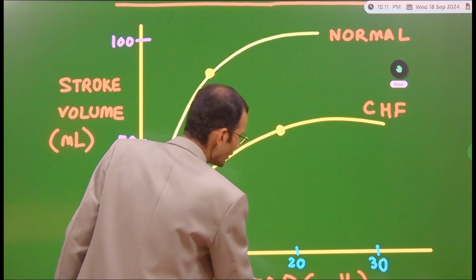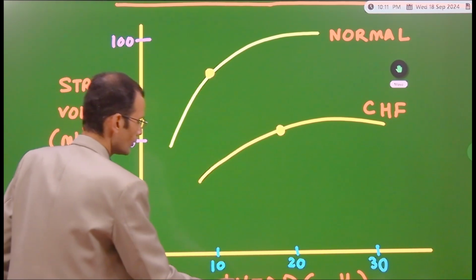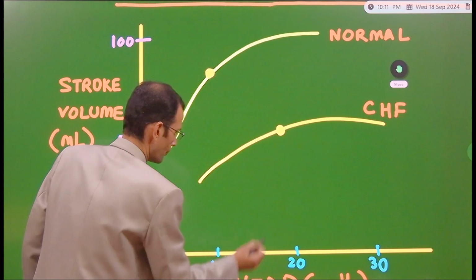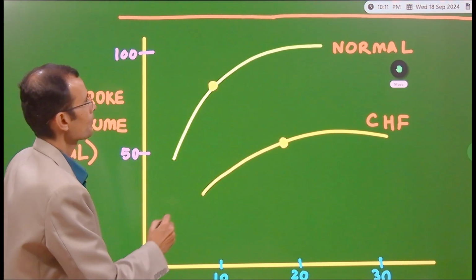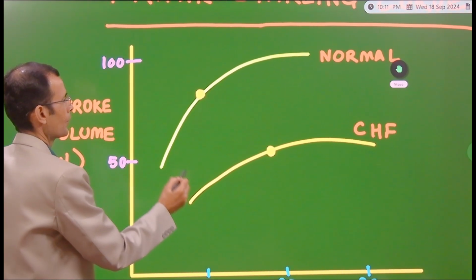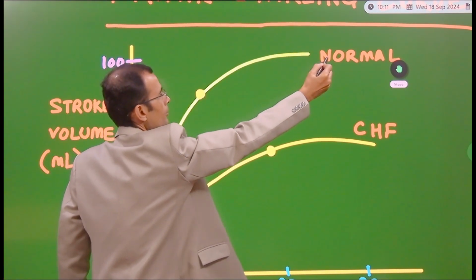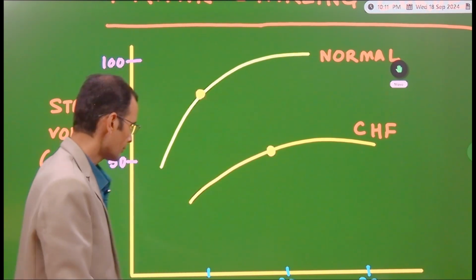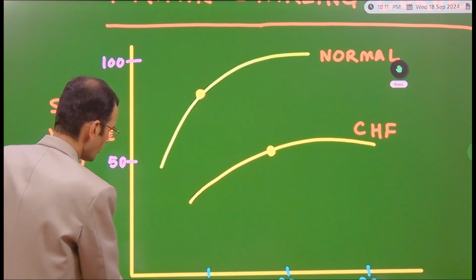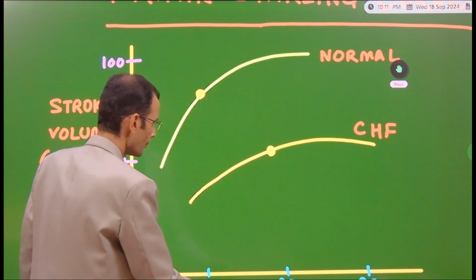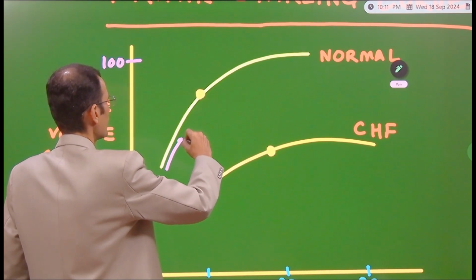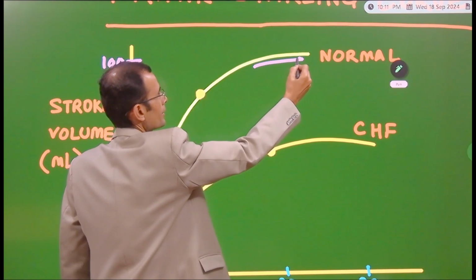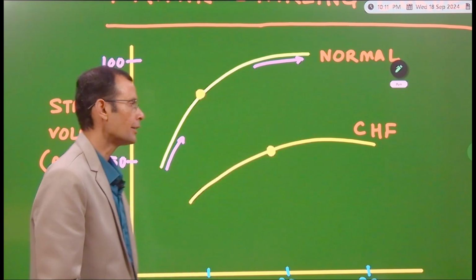So let's see what happens in the normal heart. You can see here, this is the curve in the case of the normal heart. So you can see two parts here. One part here and the other one is a little flat towards the end.